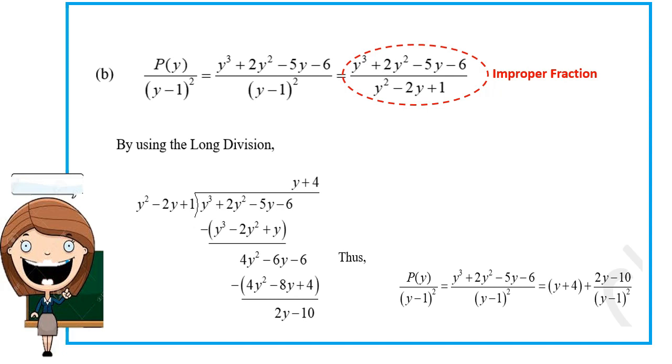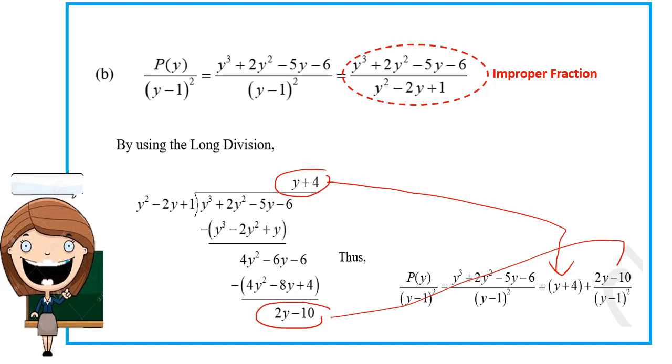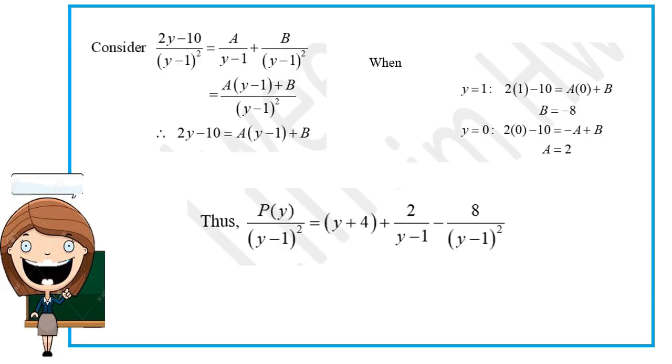Y plus 4 is the quotient, and 2y minus 10 is the remainder. So we only convert this remainder part into partial fractions. We notice that this is a repeated linear factor, so we have 2y minus 10 over y minus 1 squared as a over y minus 1 plus b over y minus 1 squared.